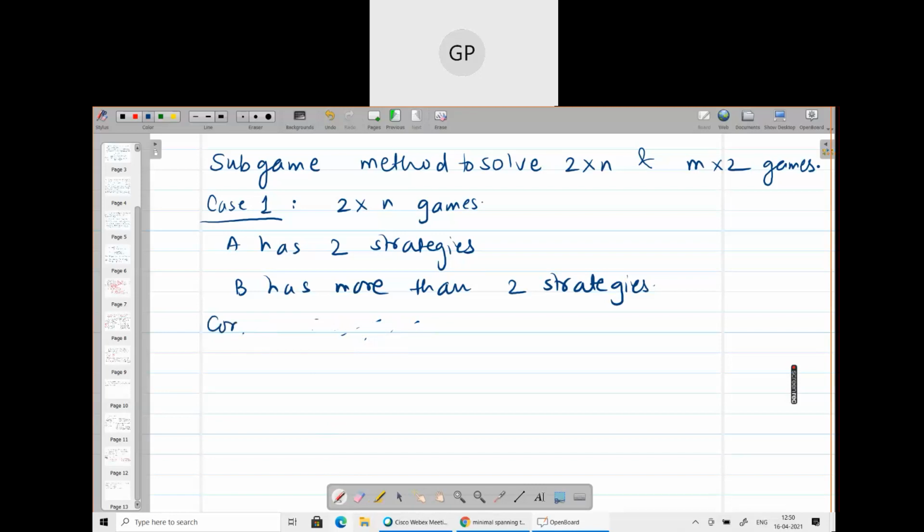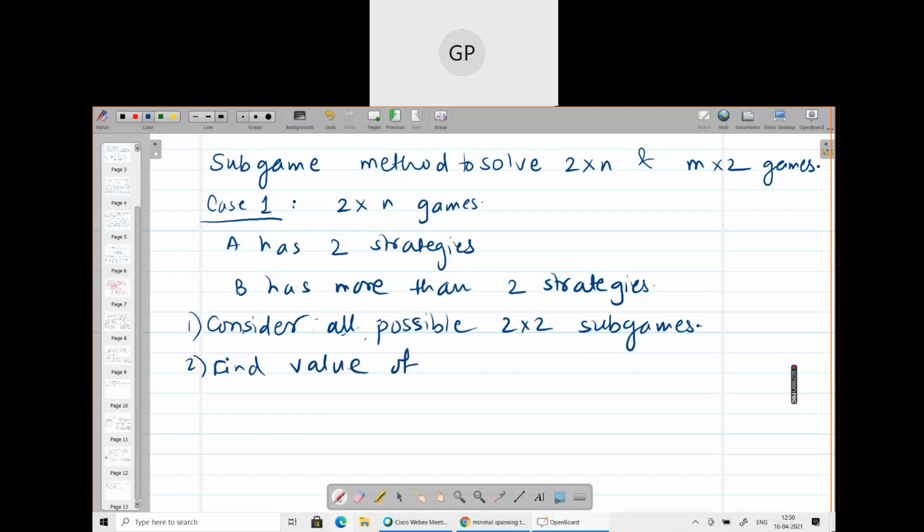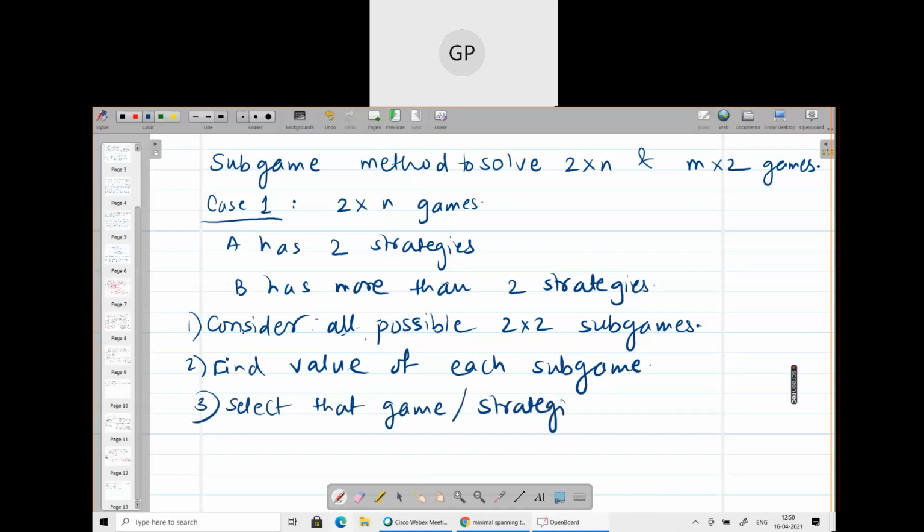Consider all possible 2x2 sub-games, find the value of each sub-game, and take the one whose value is minimum.